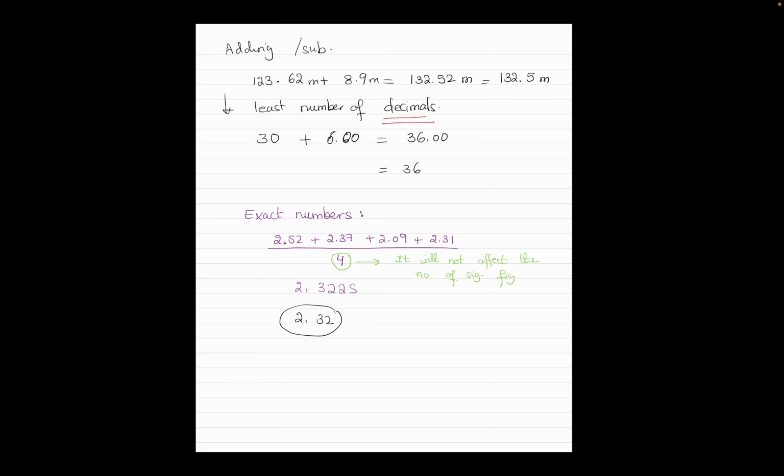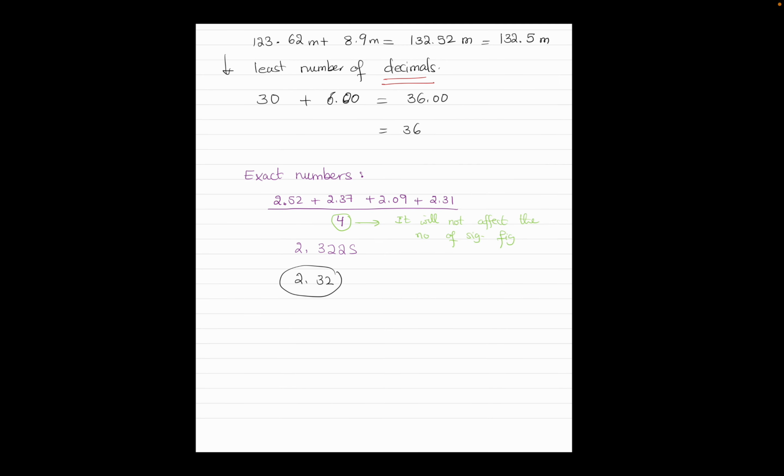Now, examples of exact numbers are like the pi you're going to see in an equation, or, for example, the volume of a sphere, which is 4/3 pi r cubed. These are really exact numbers, so they are not part of the calculation for the sig figs.